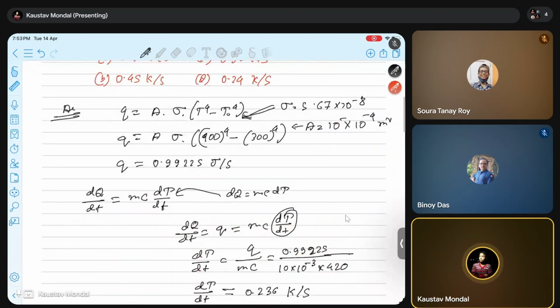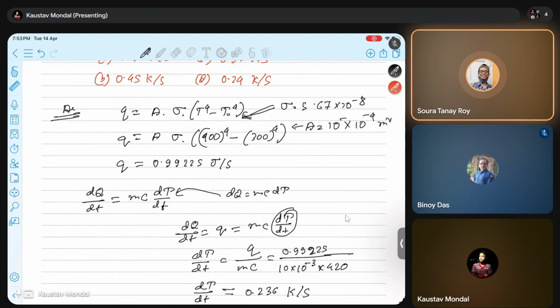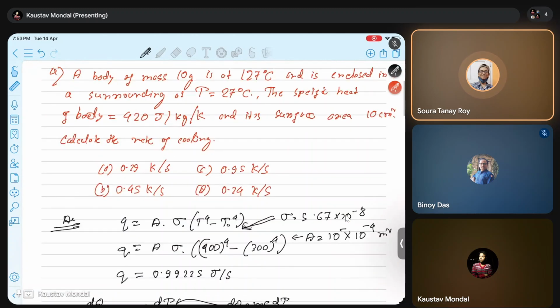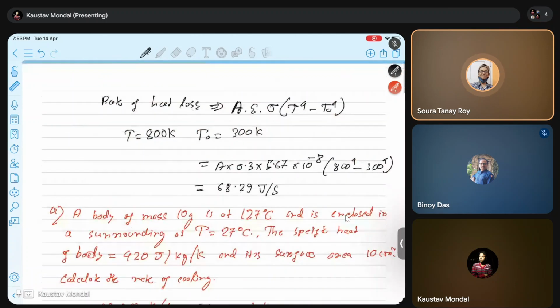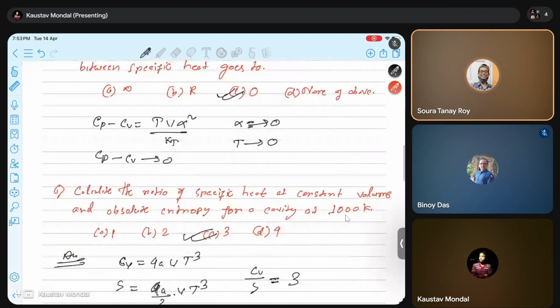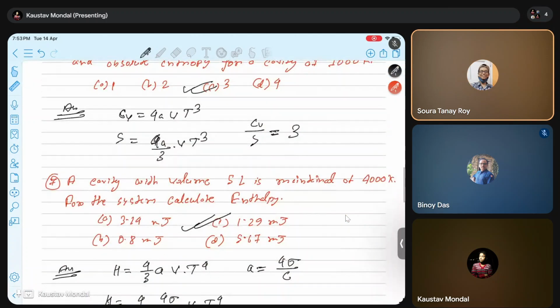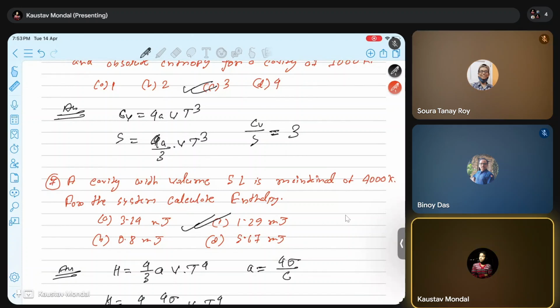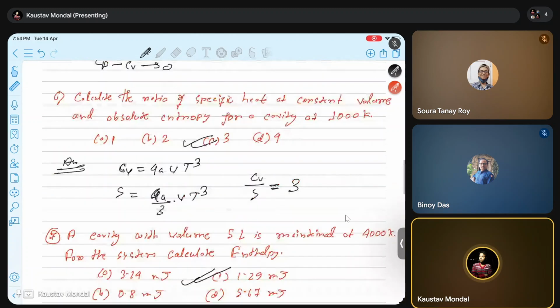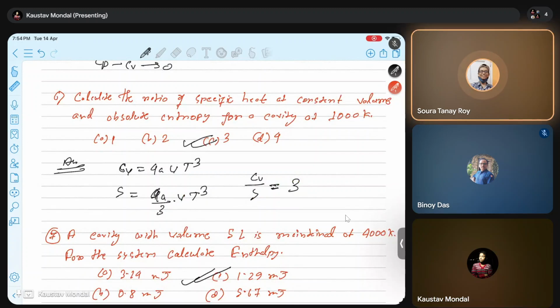If you have any question, you can ask. Yes, in question number 6, Cv should be 4 by 3 A V T cube, right? Because here the constant matters, I think. Yes, we derived it, right? dU/dT we did.